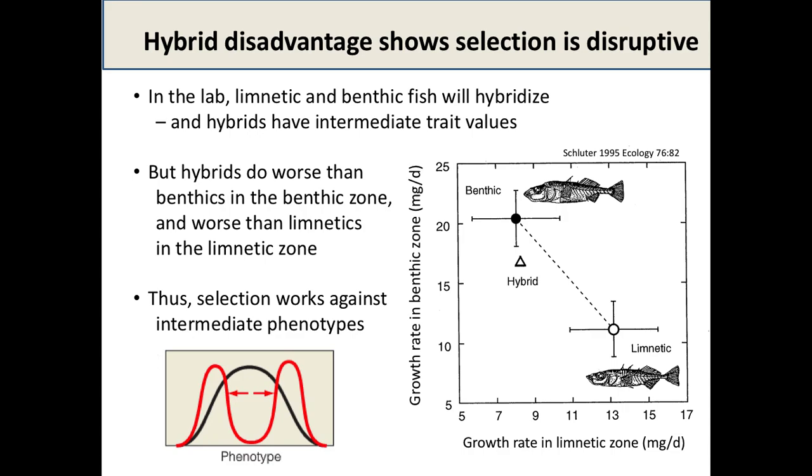We can then run that on and say that these individuals, the limnetic form, spend most of the time in the open water. The benthic form spend most of the time in the shallow. The shallow water is warmer than the deep water.